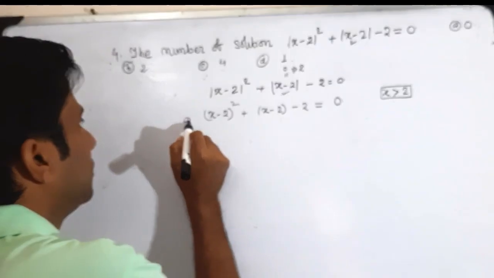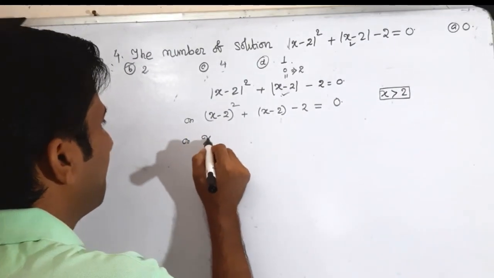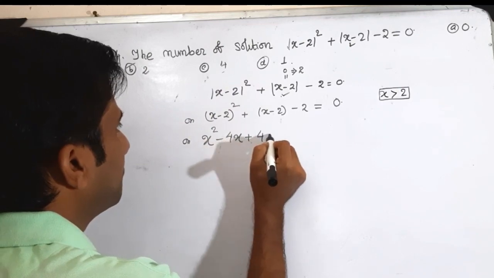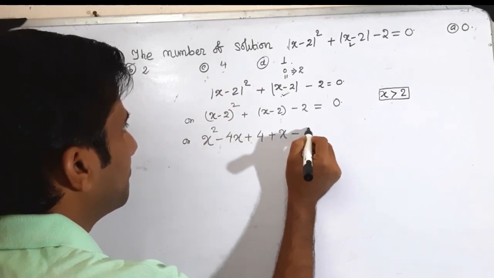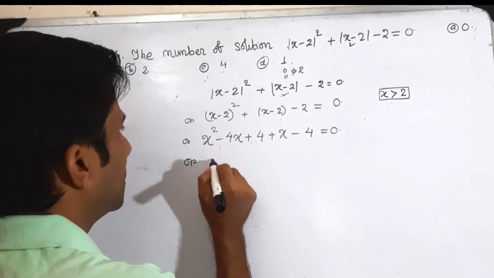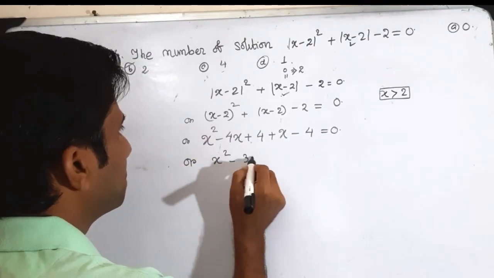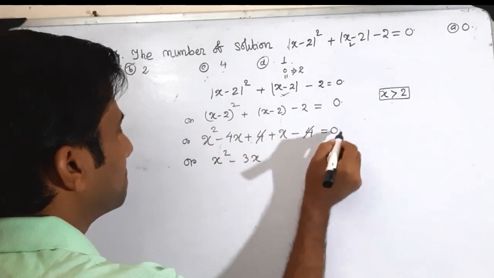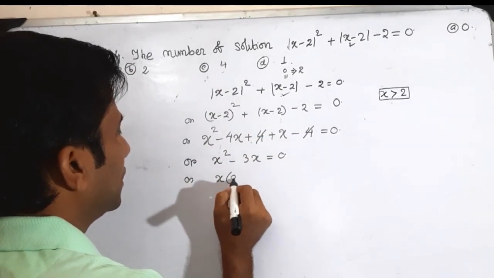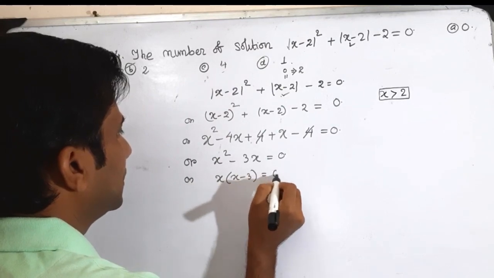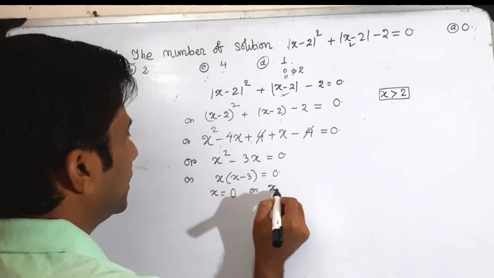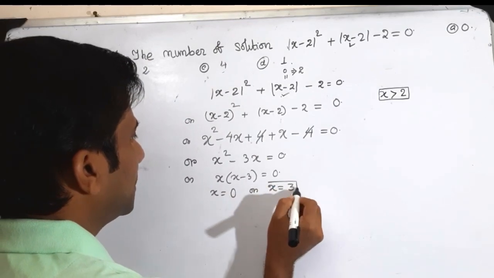is equal to 0, or x minus 3, x is equal to 0, or x is equal to 3.